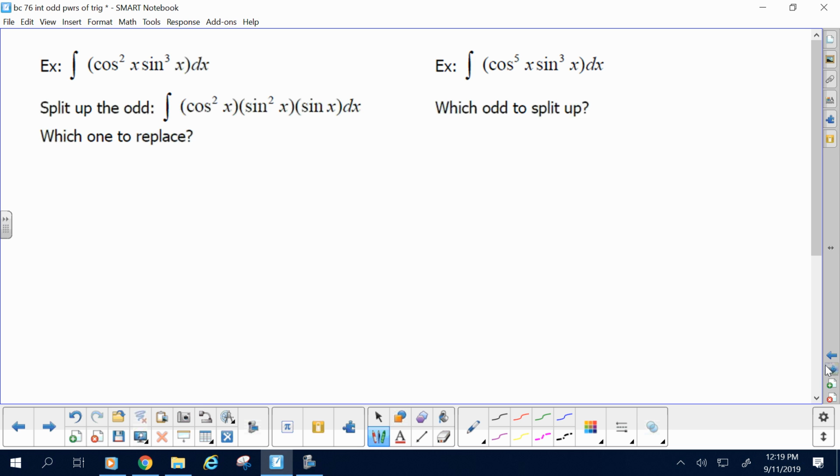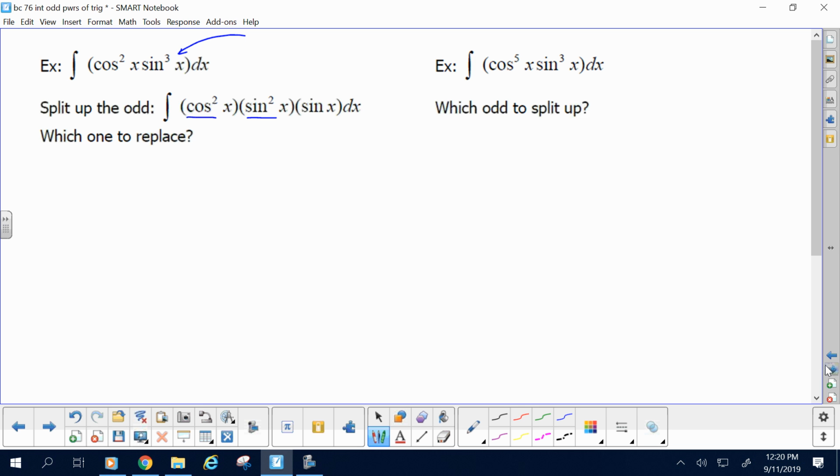So when you split, you always split the odd. Okay? You wouldn't split cosine squared into cosine. That doesn't do you any good because then what are you going to do with the other cosine? There's no identity for it. So you always split the odd. This then, what do I replace? Cosine squared or sine squared? Cosine squared. Okay, that's a great forceful answer. It's wrong, but good try. What's your du? Sine. So what does u need to be?